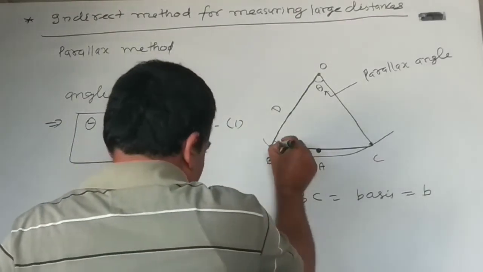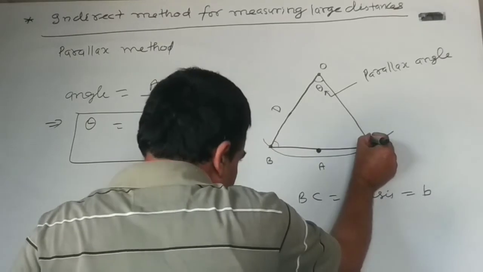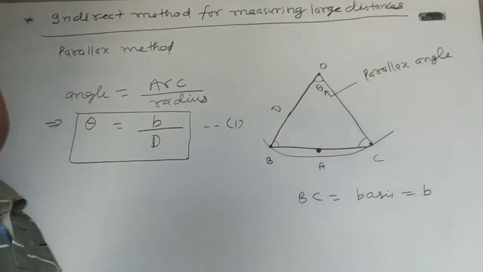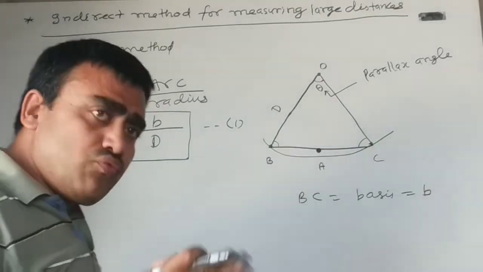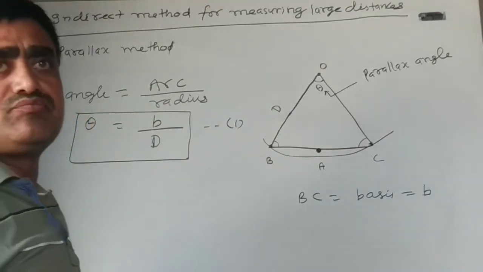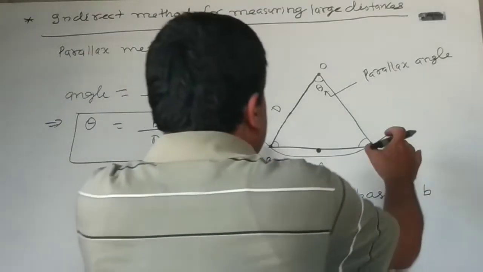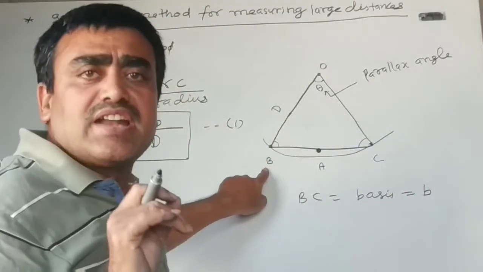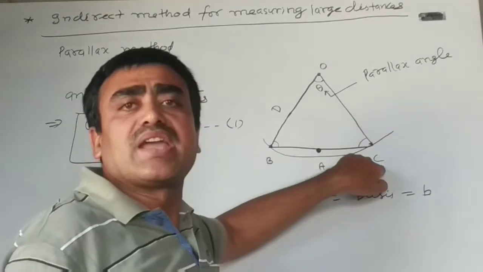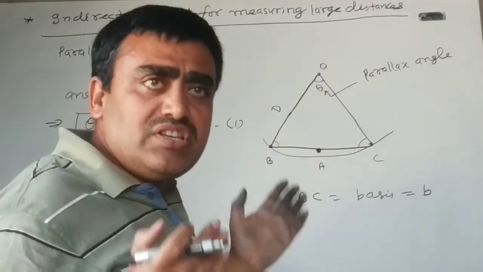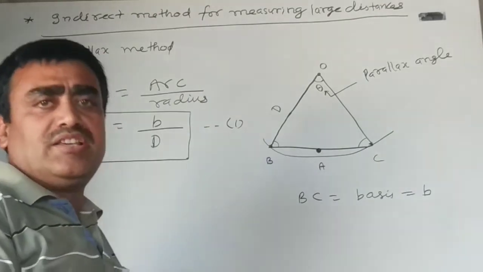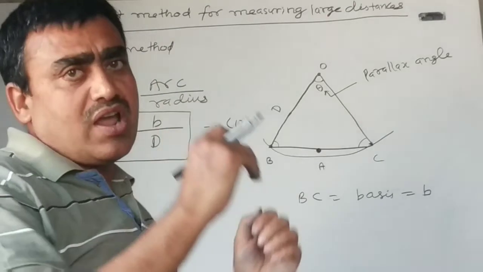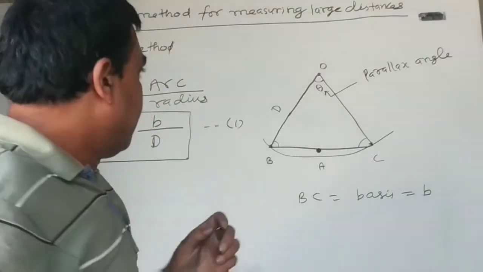This point B is located at the surface of the earth. Point C is also located at the surface of the earth. So we can easily measure the distance between B and C. Suppose B indicates Bangalore and C indicates Calcutta, then we have already found the distance between Bangalore and Calcutta previously.